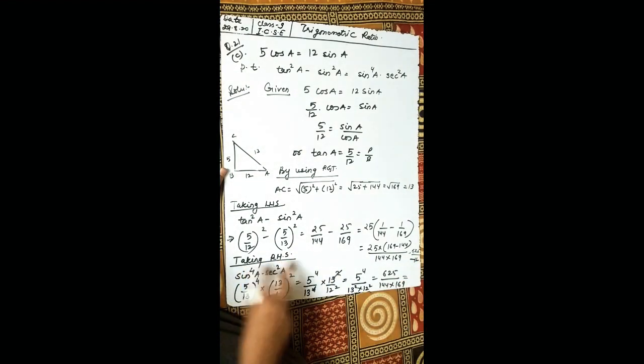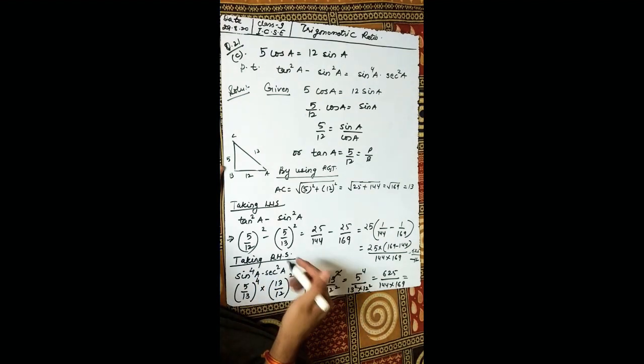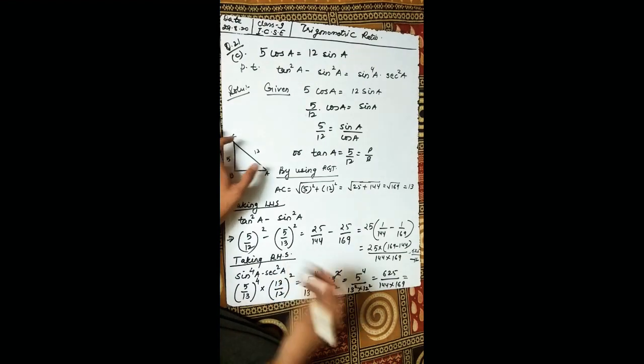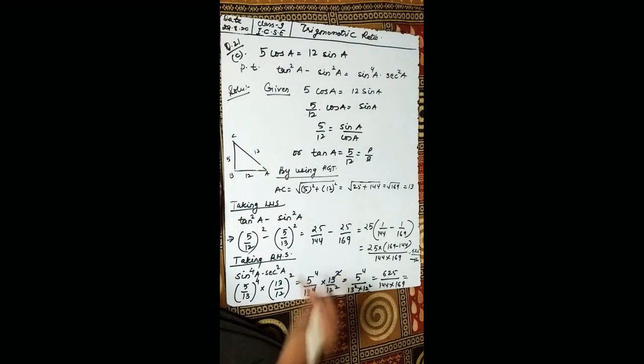Similarly, taking RHS, sin to the power 4A into sec square A. Sin is what? We already found sin here, so 5 by 13 the whole power 4 into sec. Sec is what? Hypotenuse upon base, so 13 upon 12, the whole square.